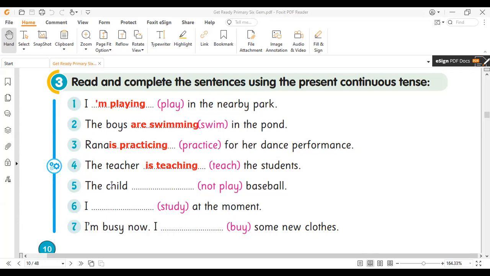Okay, the child isn't playing. Bravo. Isn't playing. Excellent. Sarah, number 6. I am studying at the moment. Excellent. I'm studying.